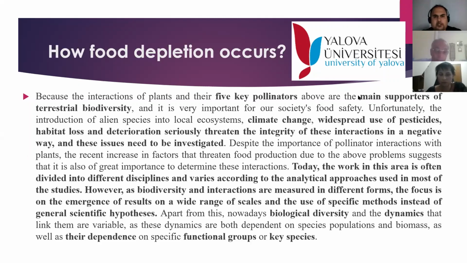Climate change, widespread use of pesticides, habitat loss and deterioration seriously threaten the integrity of these interactions in a negative way. So they can reduce the populations of these 5 key pollinators.